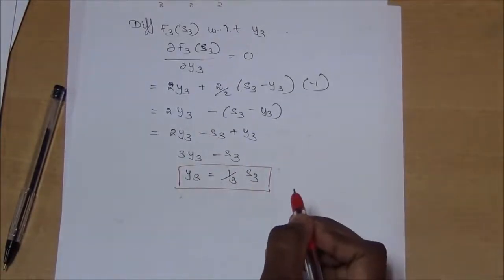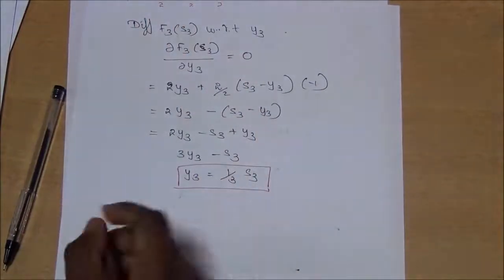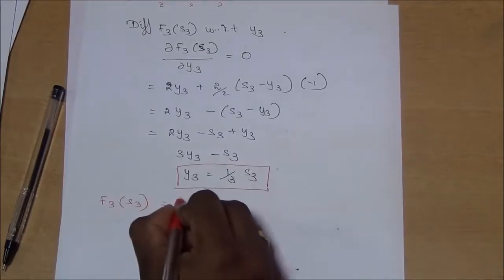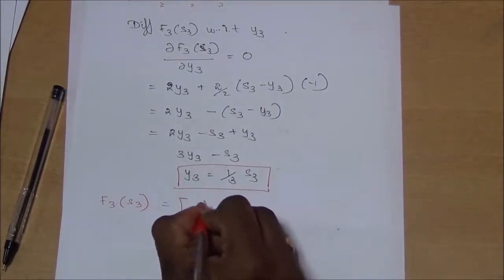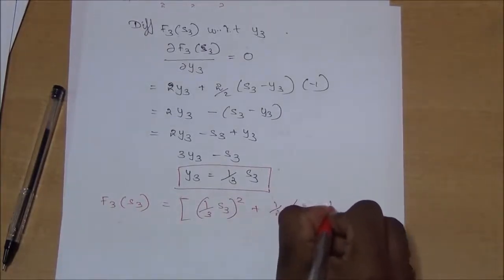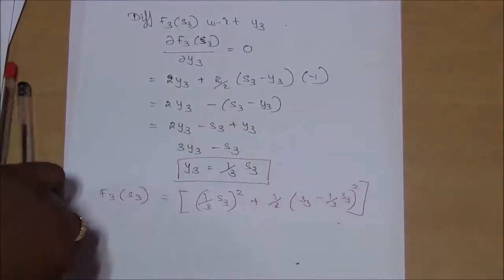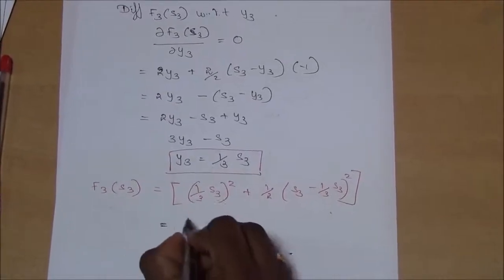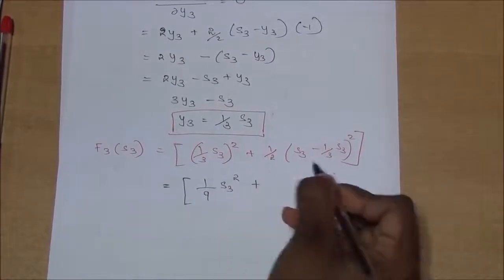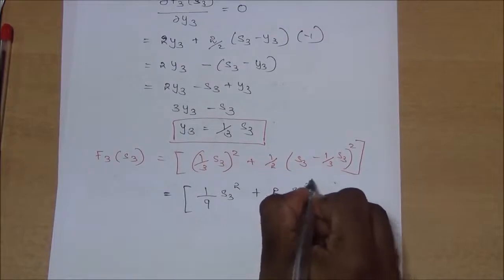We have calculated the y3 value, so we substitute it in the f3 function in place of y3. So the equation is 1 by 3 s3 the whole square plus half into s3 minus 1 by 3 s3 the whole square. Solving this equation, 1 by 9 s3 square plus 2 by 9 s3 square.